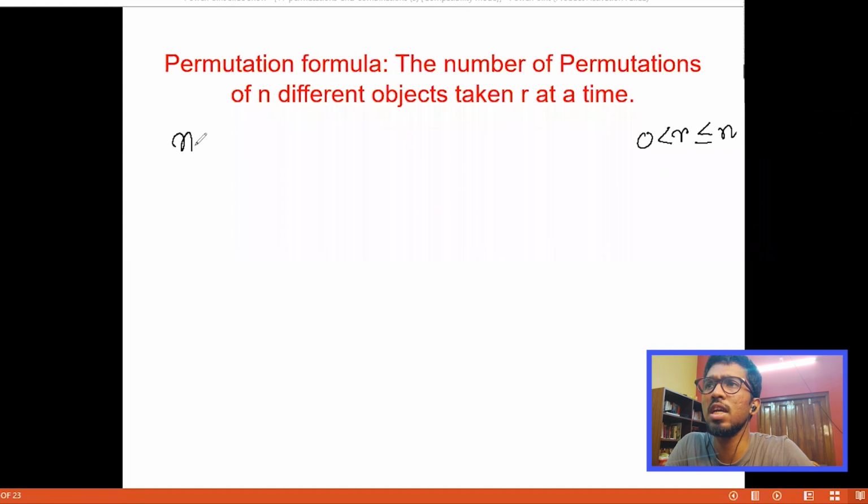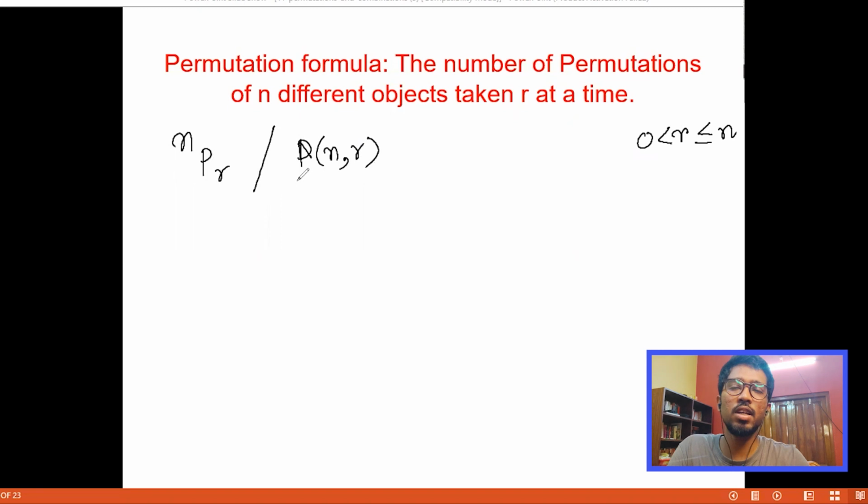One notation is nPr, permutation of r objects which we are taking from n different objects. Or we can write it as P(n,r). That is also another notation. By this way we can denote the total number of arrangements. So the number of permutations of n different objects taken r at a time will be denoted by nPr.